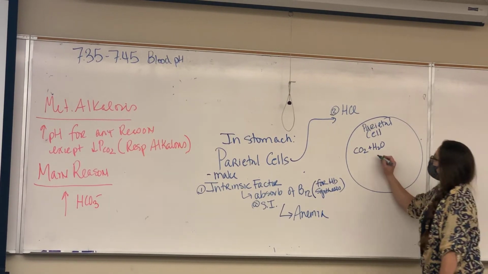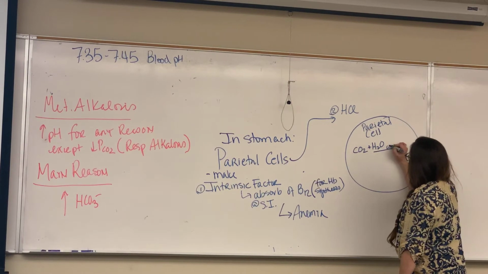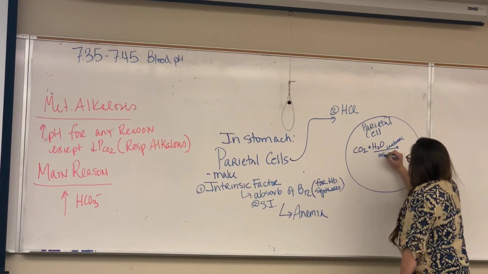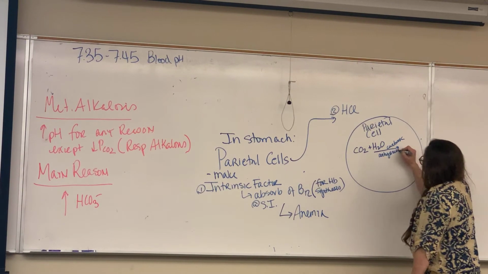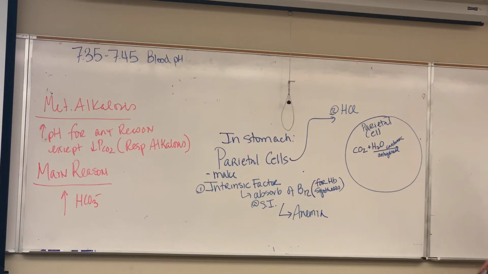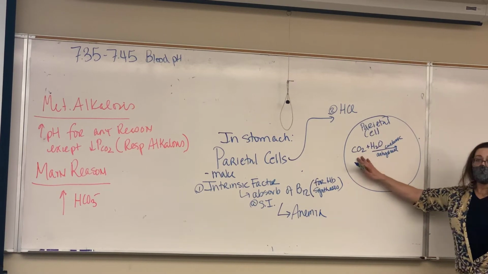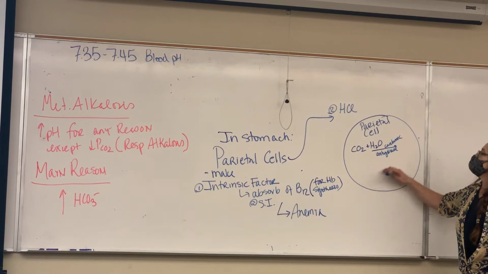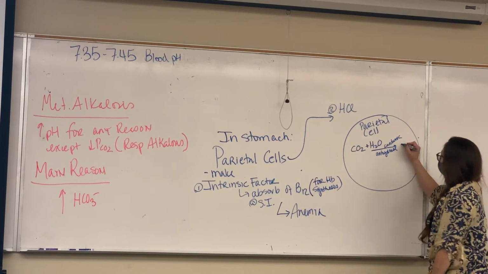The other thing this parietal cell has is an enzyme, carbonic anhydrase, just like a red blood cell has. And what this parietal cell does with that CO2 it produced, the water it has, and this enzyme, is it forms carbonic acid.